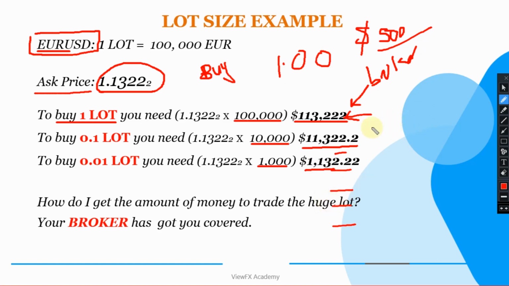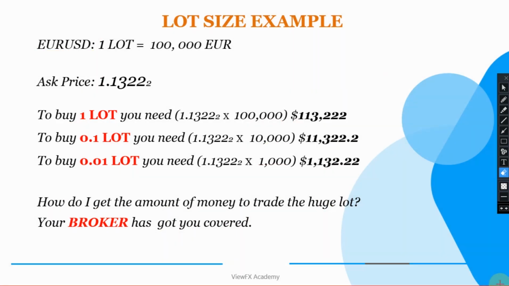And this is why individuals were not able to trade the forex market until the brokers came in to help individuals by giving them money to have a huge amount which can be used to trade the forex market. So here it says, how do you get the amount of money to trade huge lots? Your broker has you covered. This is where your broker comes in to help you trade the forex. So without your brokers, trading the forex will be difficult.